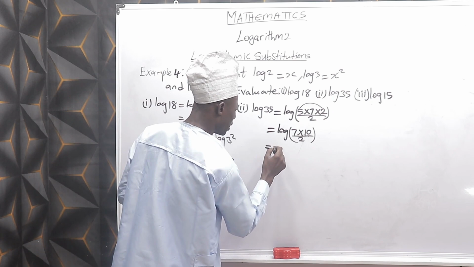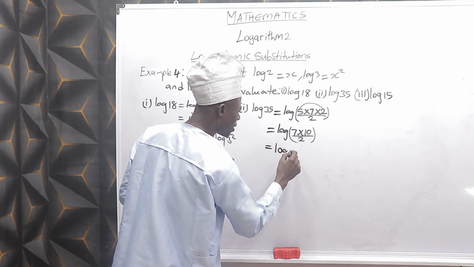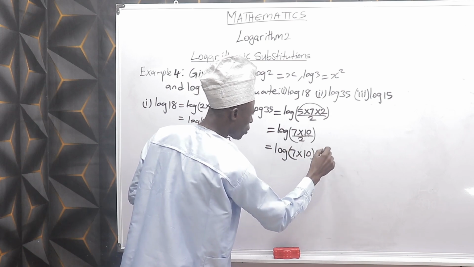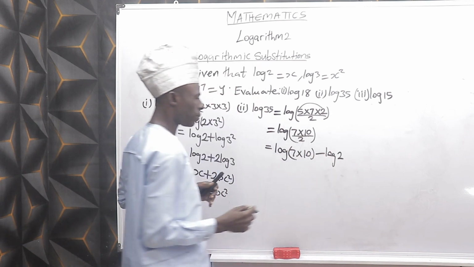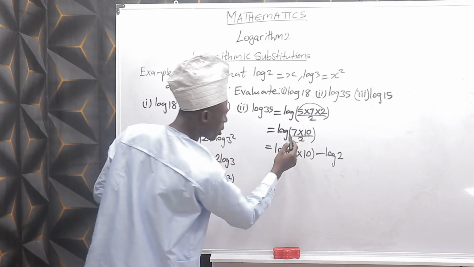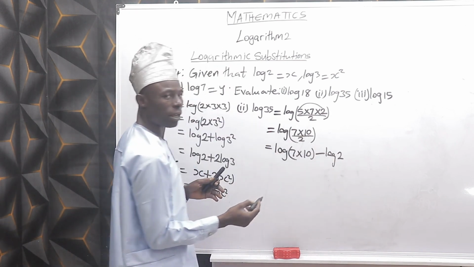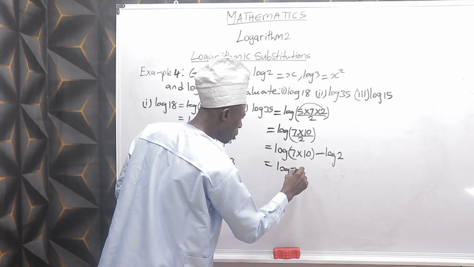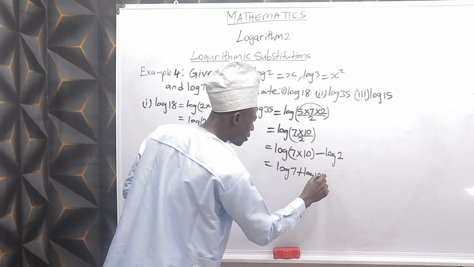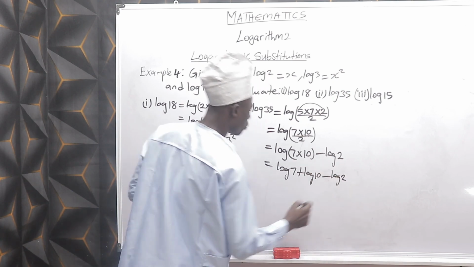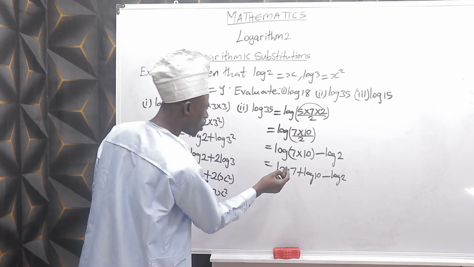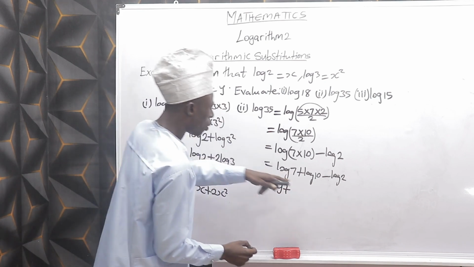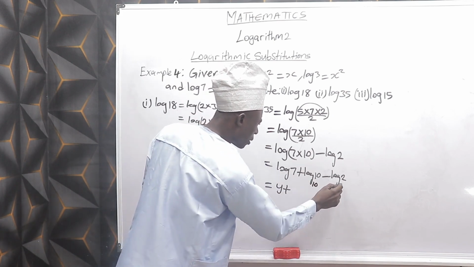So I now go ahead to write 7 times 10 minus log 2. Do you understand? This division line is changed to minus. So I write log 7 plus log 10 minus log 2. Substitute now. Log 7 is y plus log 10 is base 10.